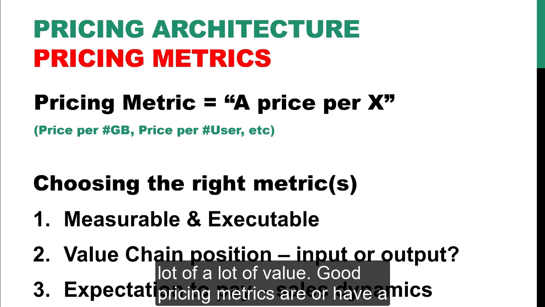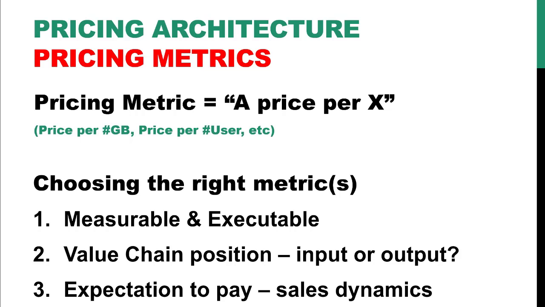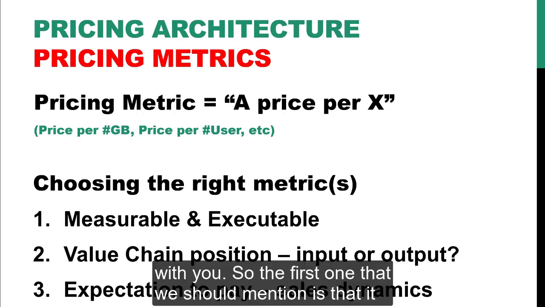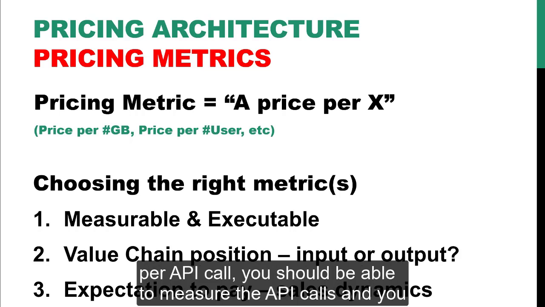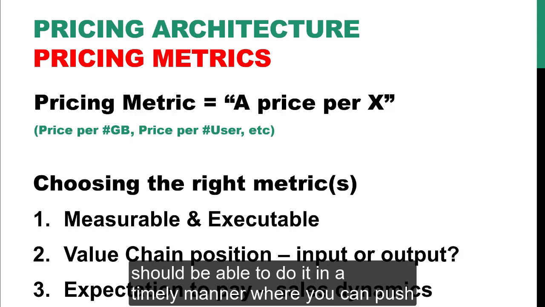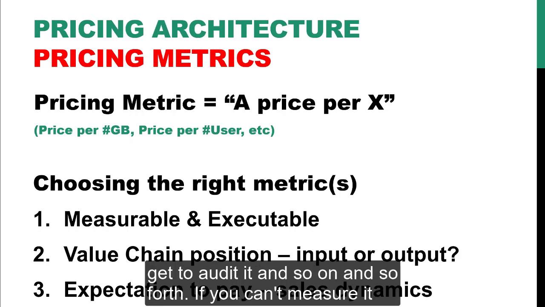Good pricing metrics have a few characteristics. I want to go through them with you now. The first one that we should mention is that it should be measurable and executable. So if you're pricing per API call, you should be able to measure the API calls, and you should be able to do it in a timely manner where you can push it into an invoice and actually get it to the customer and they get to audit it and so on.